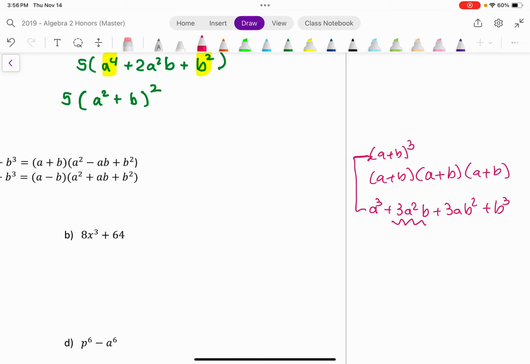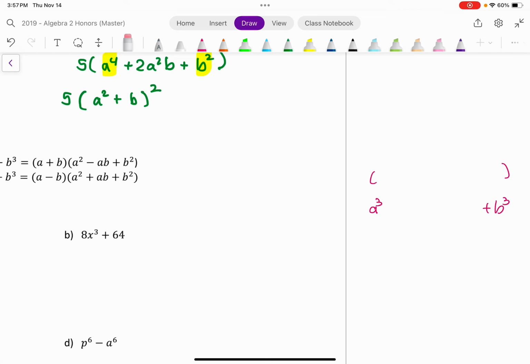We need all of these middle terms to cancel out when I do that. And if you're not convinced of that, just multiply these two together first. Once you've done that, you get a trinomial, multiply by a plus b, and you will see that this is what it'll end up looking like. So how am I going to get all of these middle terms to cancel out? Well, that's what we get here.